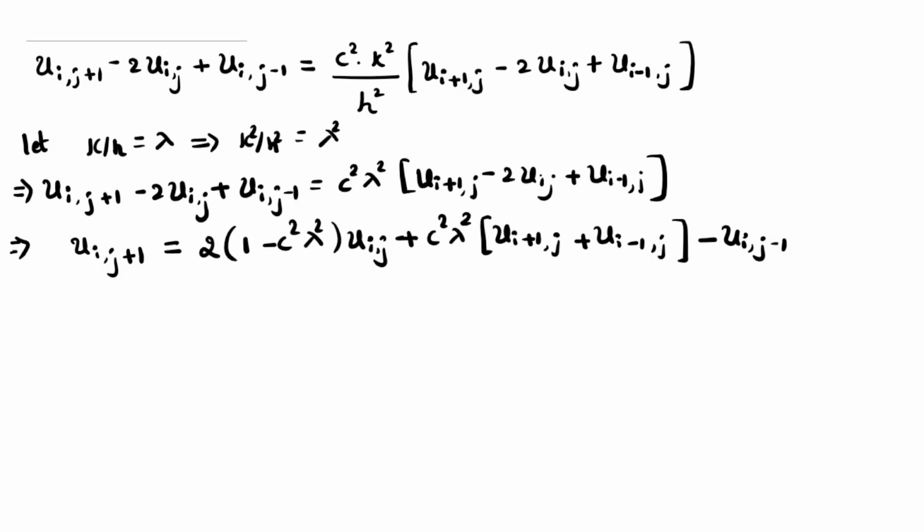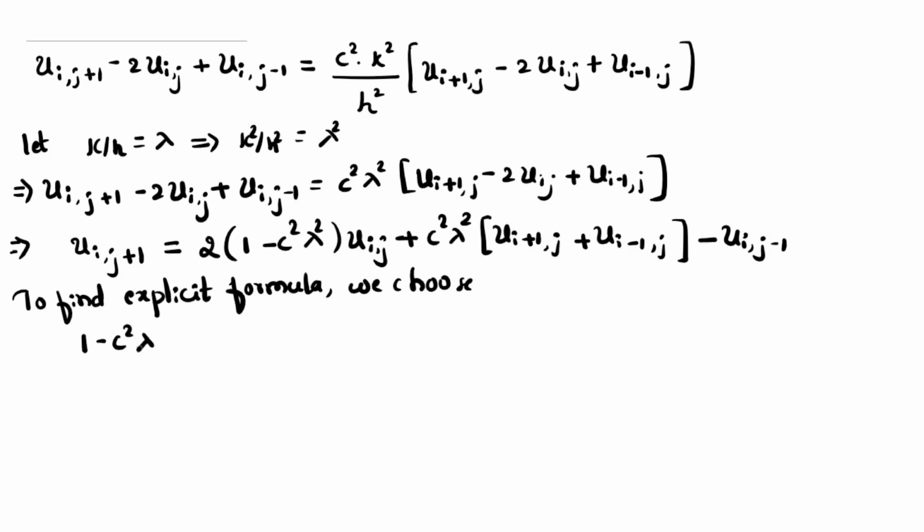Now to find the explicit formula, let us choose 1 minus c square lambda square as 0.